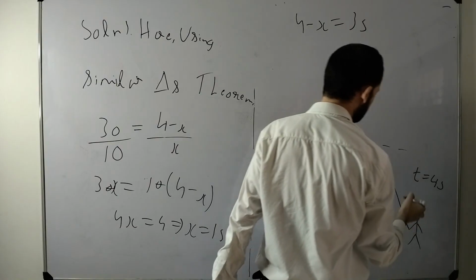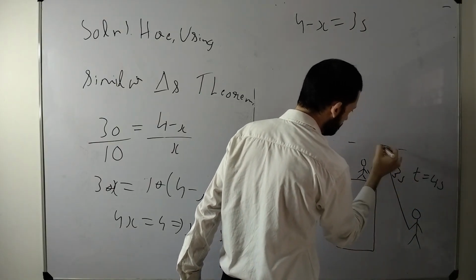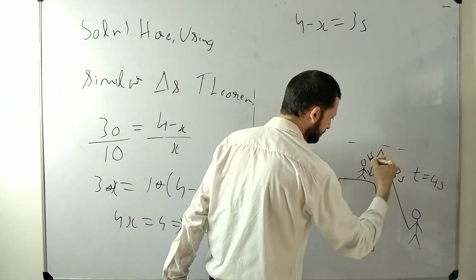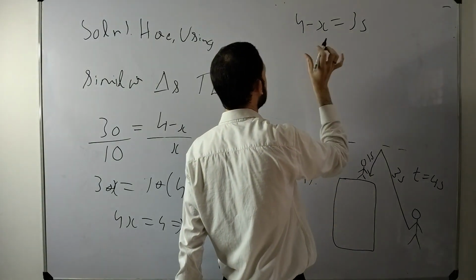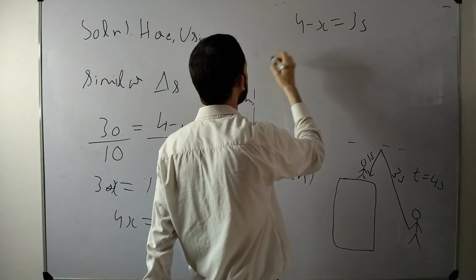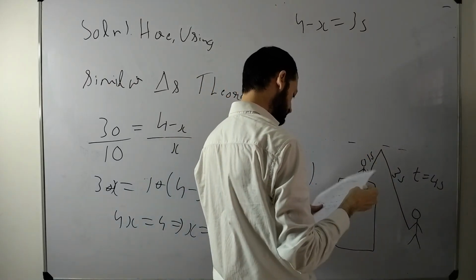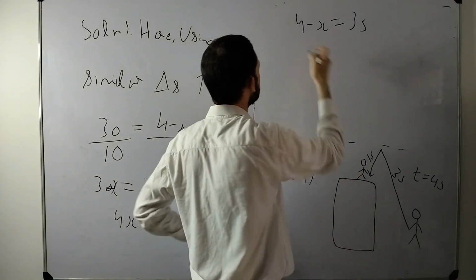So 3 second is the time it reaches up there, up in the sky, and 1 second is the time period it takes to come to me. 10 meter per second. So what should I do for what I need to find out? And this I need to find out, yes, h by 5.